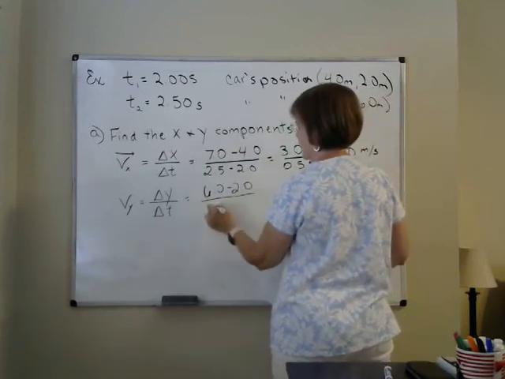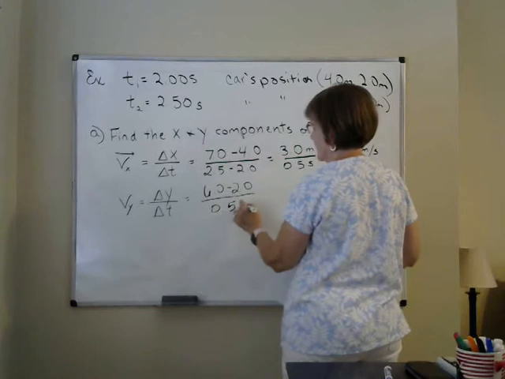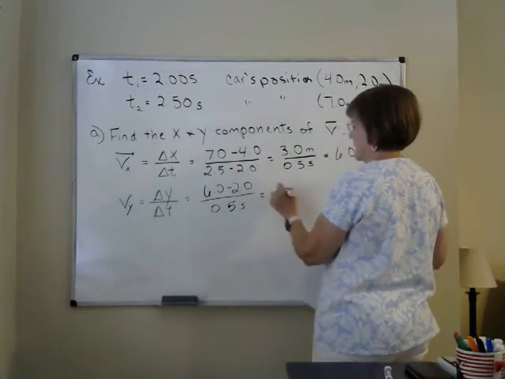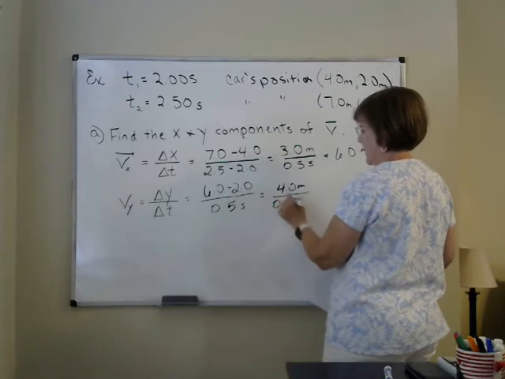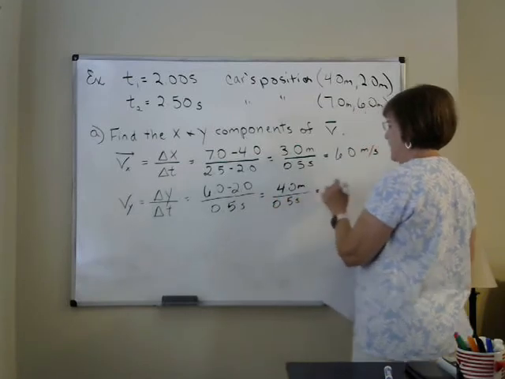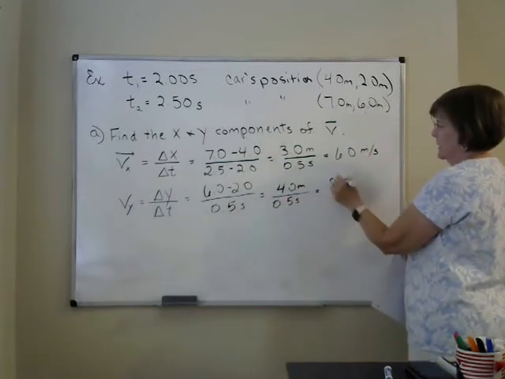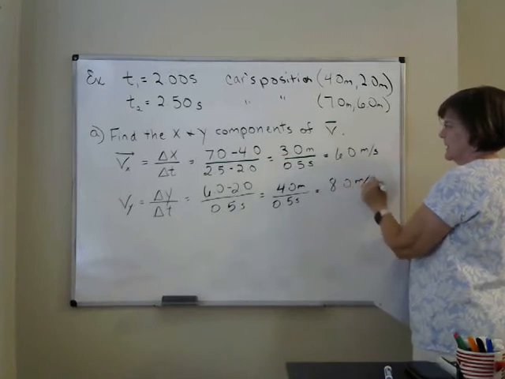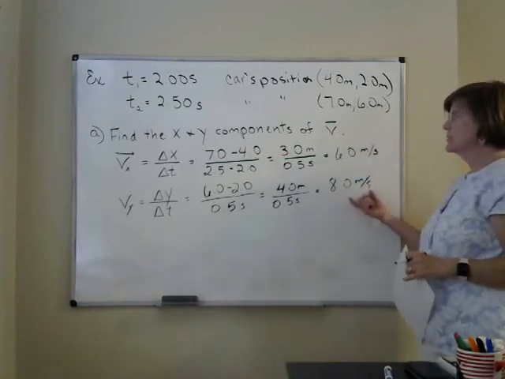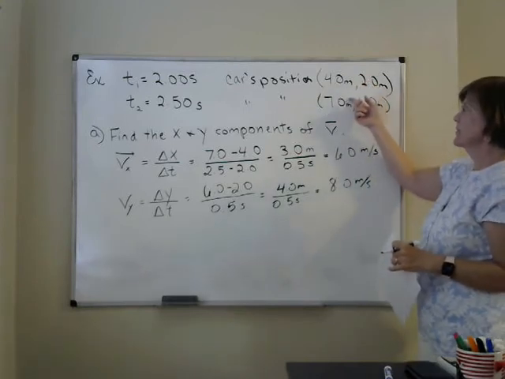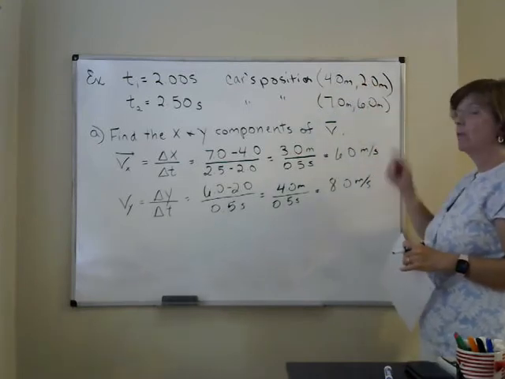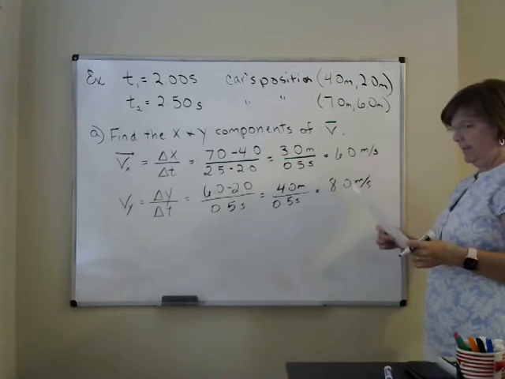That time interval is that same 0.5 seconds. So we end up with 4 meters over half a second. It's 8 meters per second. So it's actually traveling faster in the y direction than it is in the x direction. That makes sense. It moved 3 meters horizontally, but it moved 4 meters vertically.